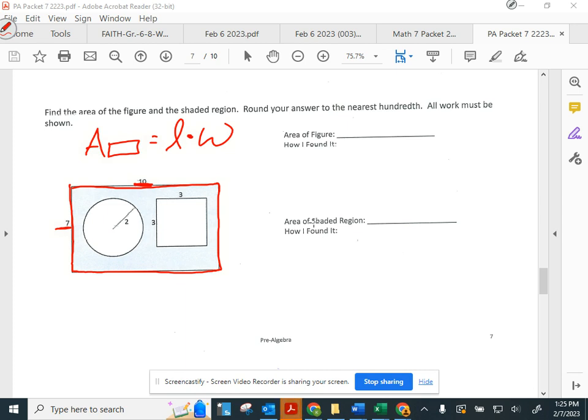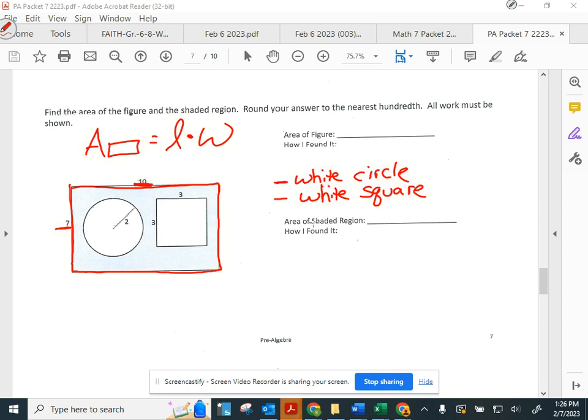In order to find it, we need to subtract out the white circle and subtract out the white square. So we need to find the area of that white circle and the area of the white square so we can subtract it from our original shape. Then we are left with just the shaded region.